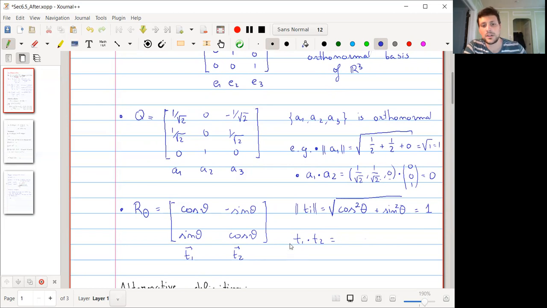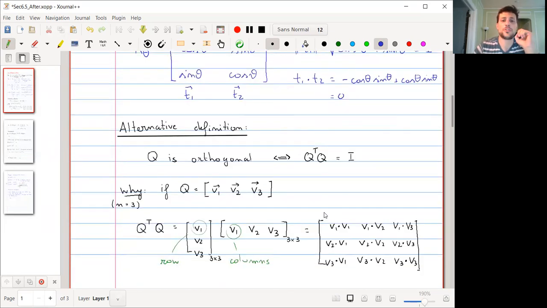And then it's not hard to see that if I dot these two columns together, I get 0. Let's try to do that. If I do the dot product between the two, I get minus cosine theta sine theta from the first entries, plus cosine theta sine theta from the second. And so these two cancel and you get 0. That's an important example.